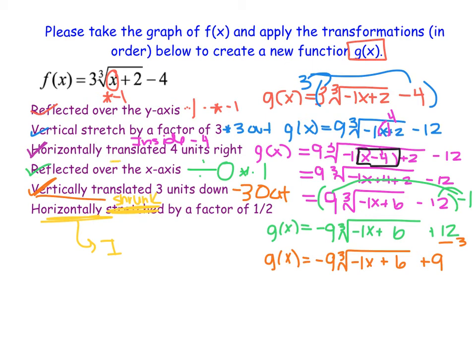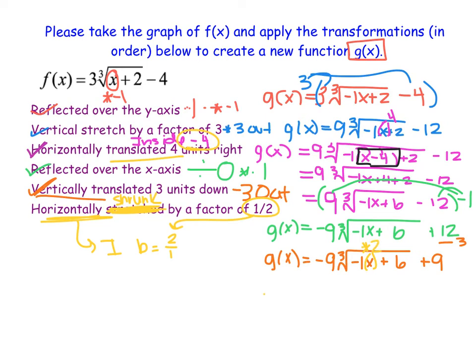Just like horizontal translations are the opposite of what we expect, horizontal stretches and shrinks to find our factor that goes on the inside next to x, we need to take the reciprocal of the number they're giving us. So here, factor of 1/2 is how we're shrinking it. So we flip it to its reciprocal, and that becomes our b value. So what we're going to do is next to x here, we're going to multiply this by 2.